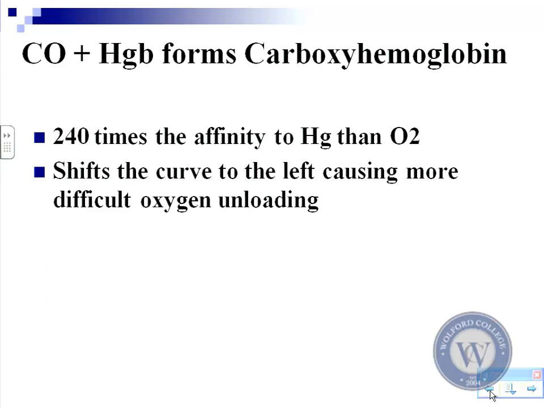And pushing the carbon monoxide off is going to be pretty difficult, unless you give higher and higher levels of oxygen. This basically causes the oxygen dissociation curve to shift to the left. The carbon monoxide has so much greater affinity that it doesn't allow the hemoglobin to change its configuration to accept oxygen molecules anymore.